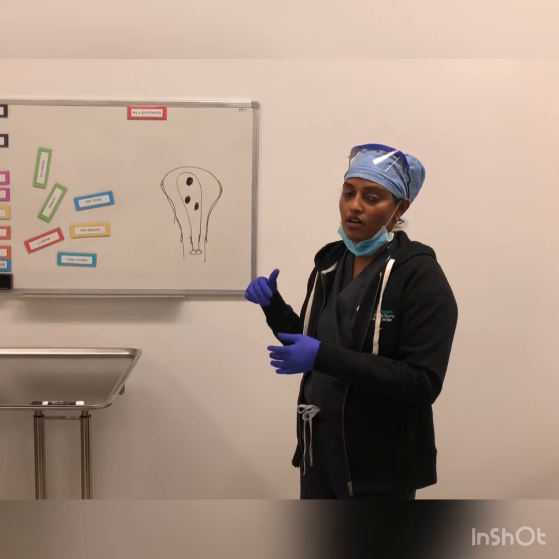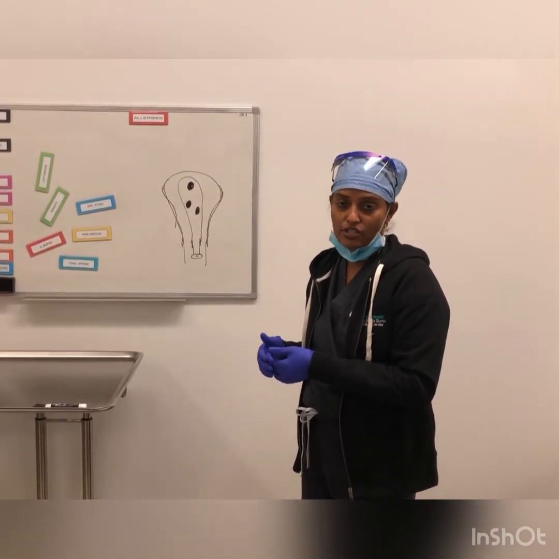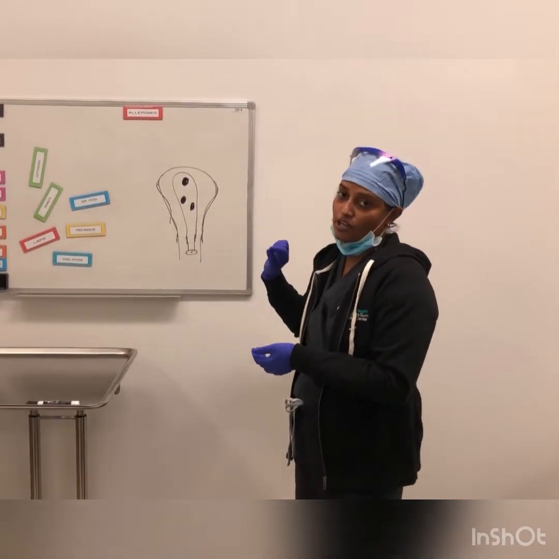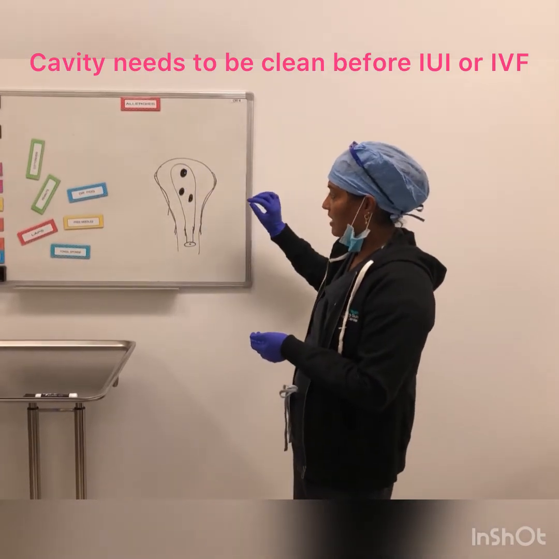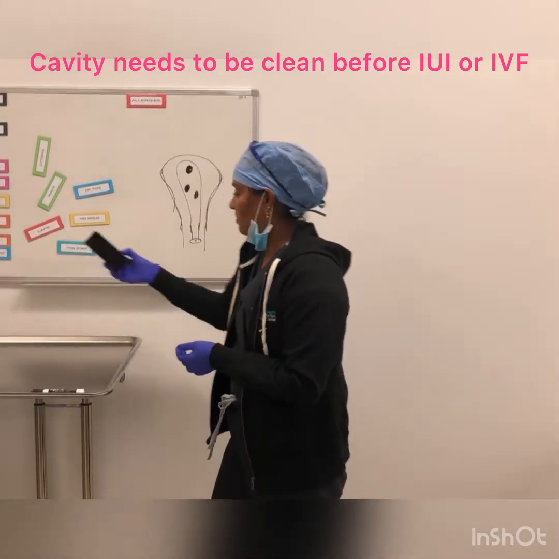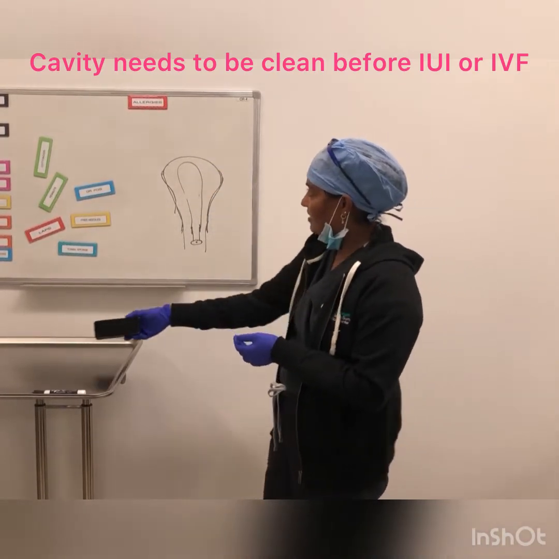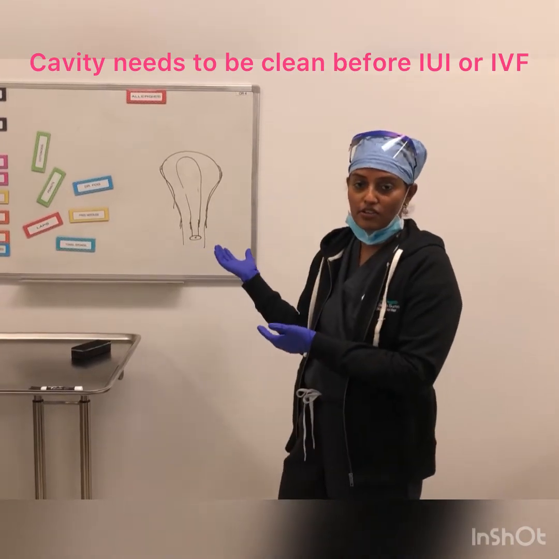Or if you are undergoing IUI or IVF, which is in vitro fertilization, before they put in an embryo, they're going to want you to remove these fibroids so your cavity can be nice and clean, and implantation can occur without a problem.